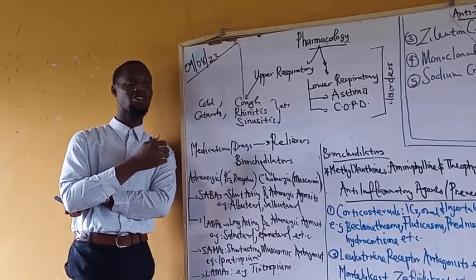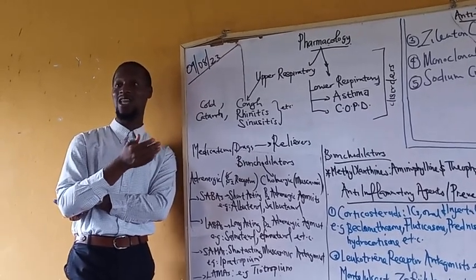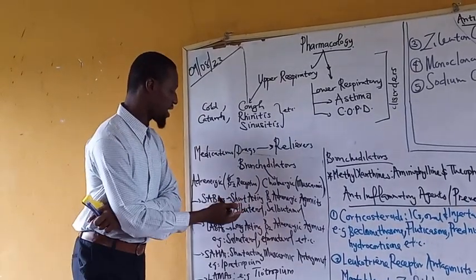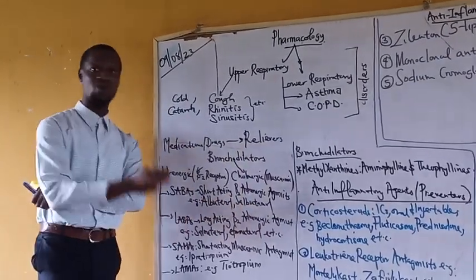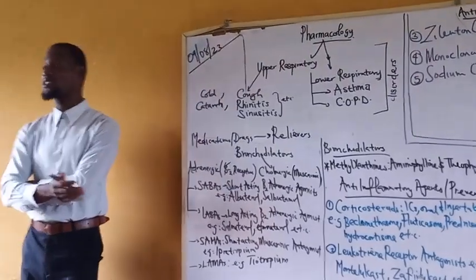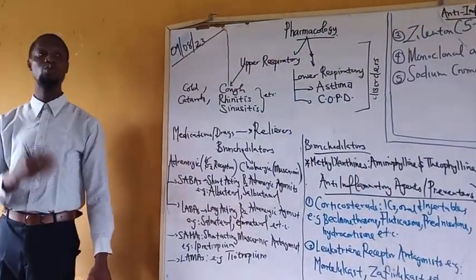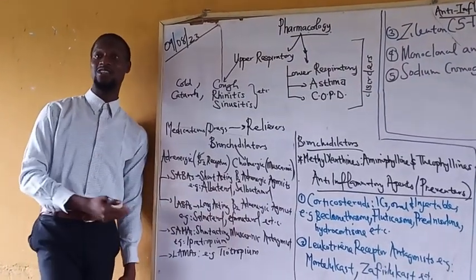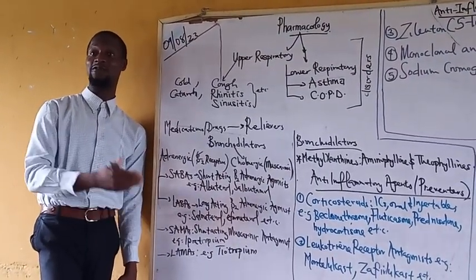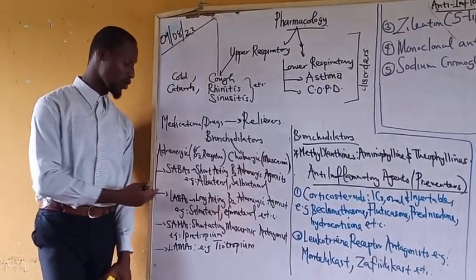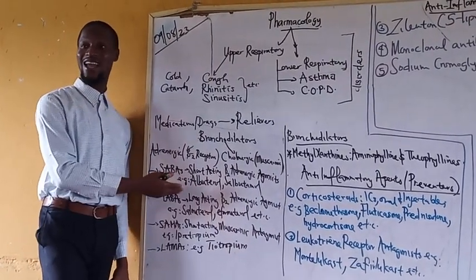And the duration of action is also short, like 3 to 4 hours at the most. So we have albuterol and salbutamol. So this is a drug you will give in an emergency asthmatic attack, because you will begin to see the effect within anything from 5 minutes up, and the effect can last for like 30 minutes to 4 hours. That's why they're called short-acting beta-2 adrenergic agonists.